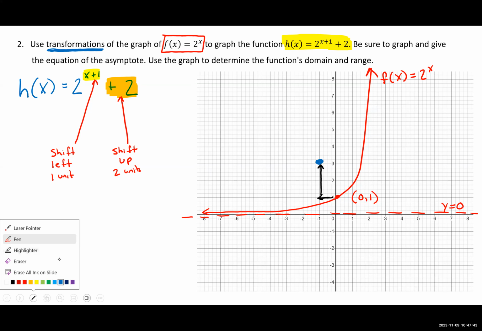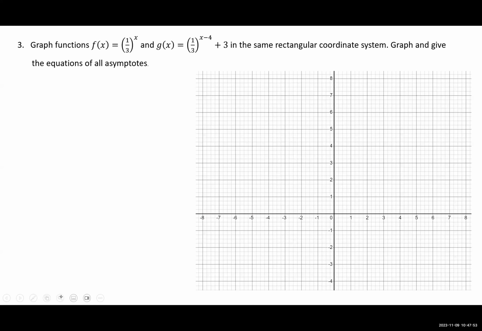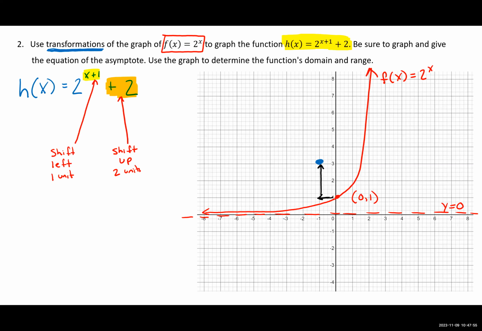Now, when we're shifting, the asymptote moves as well. The asymptote comes with the graph. So when you take that horizontal asymptote and shift it to the left or the right, that dotted line is still in the exact same place. But when you move it up 2 units, it's now going to be at the y value of 2.